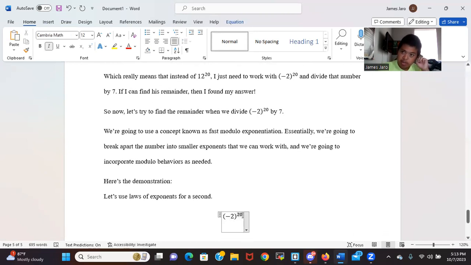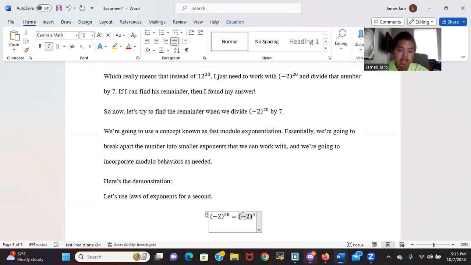So using some laws of exponents, instead of having to work with -2 to the 20th, let's just rewrite it in a different way. We could say that this is -2 to the 4th, and then we raise this quantity to the 5th power.